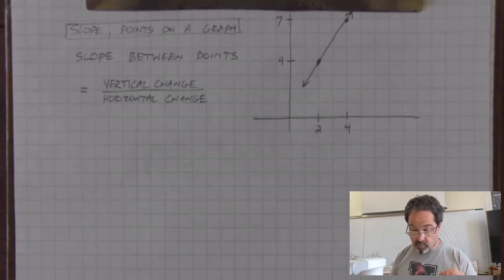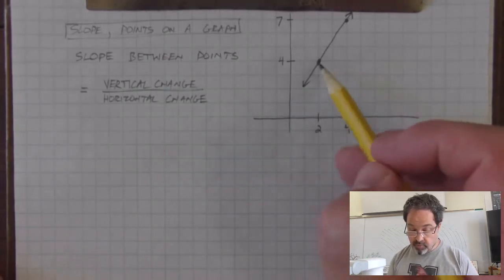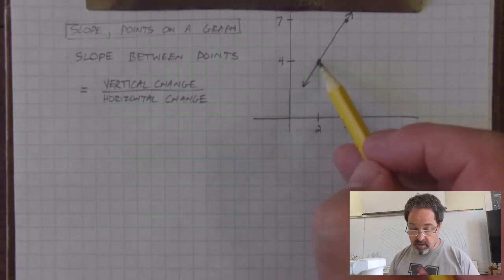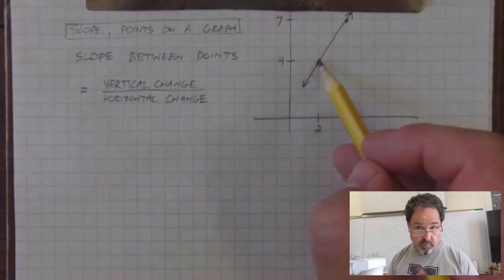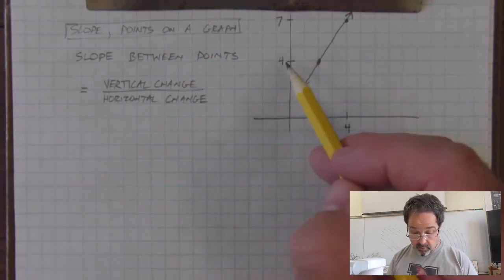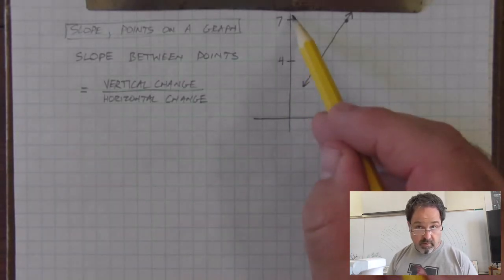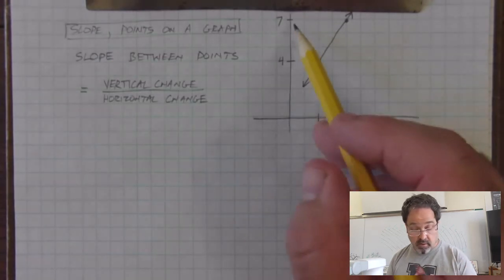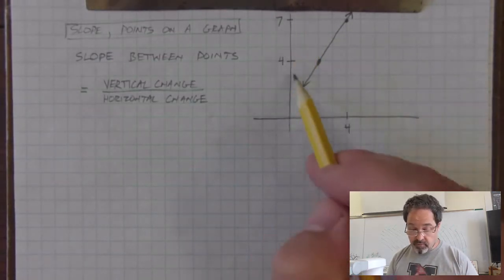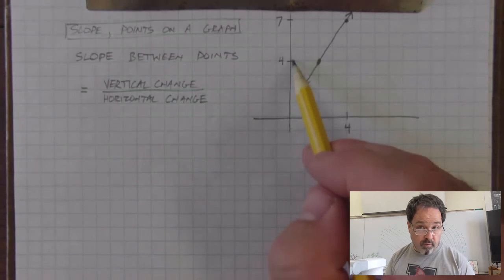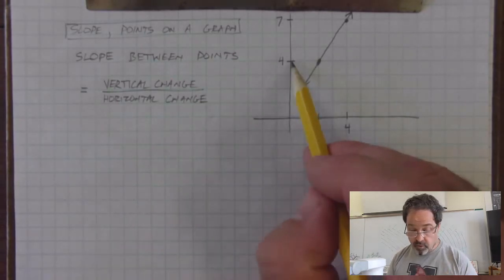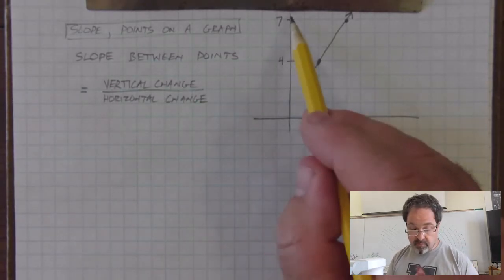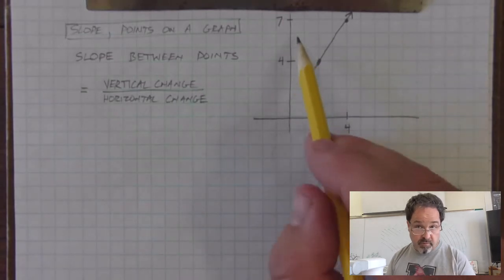We can focus only on the vertical change. The vertical change is going to be the amount of change when we start at 4 and move to 7 vertically. The y information is our vertical coordinates. So if we start at 4 and move up to 7, we must have changed by 3.